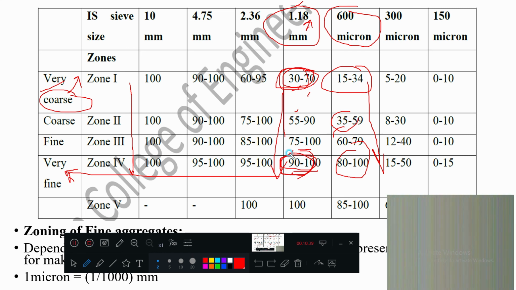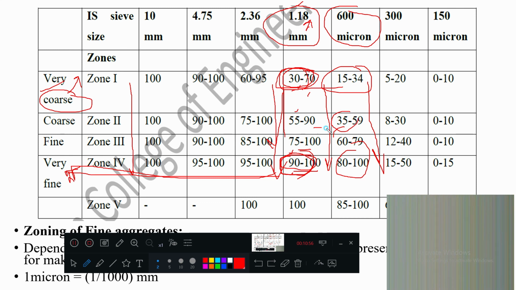More fine material, the name given is fine. Okay, understand it in a simple way. As the zone number increases, the finer material percentage is also increasing.